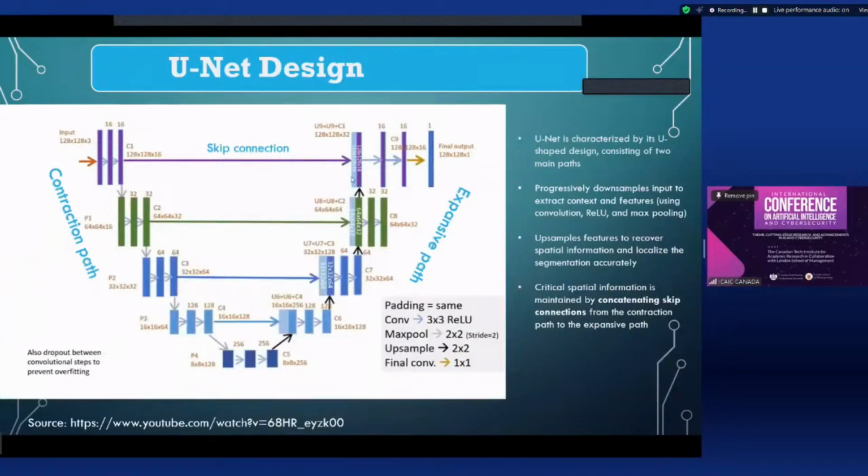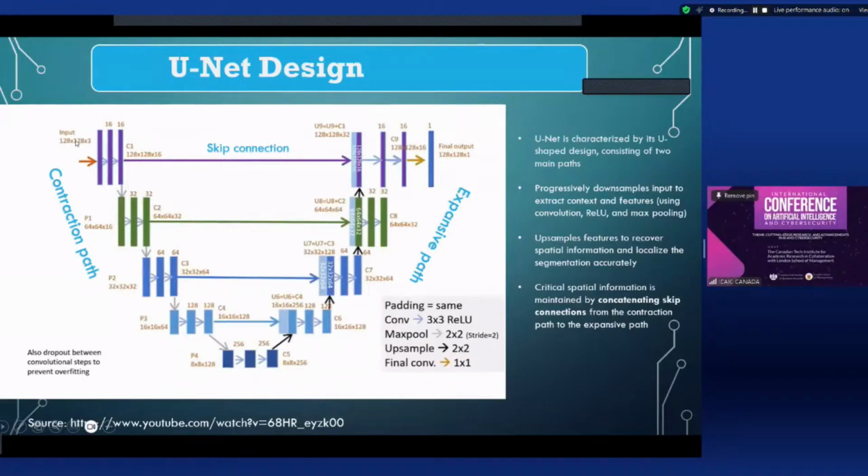So visually, this is how the UNet architecture is represented. In the neural network, you have various inputs. You have the filters, and then the images.